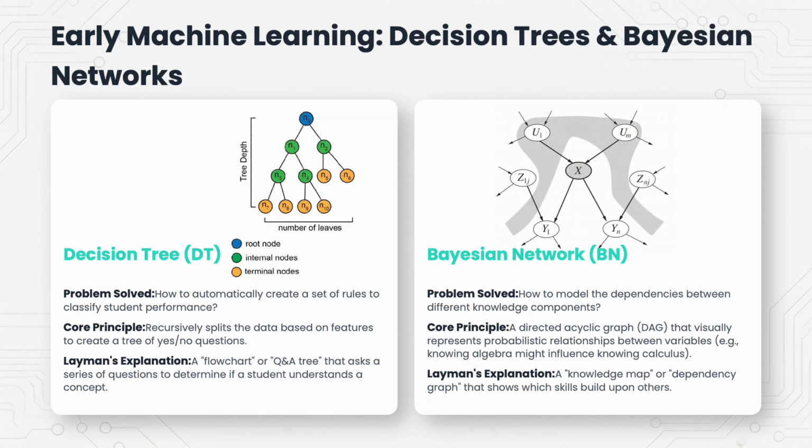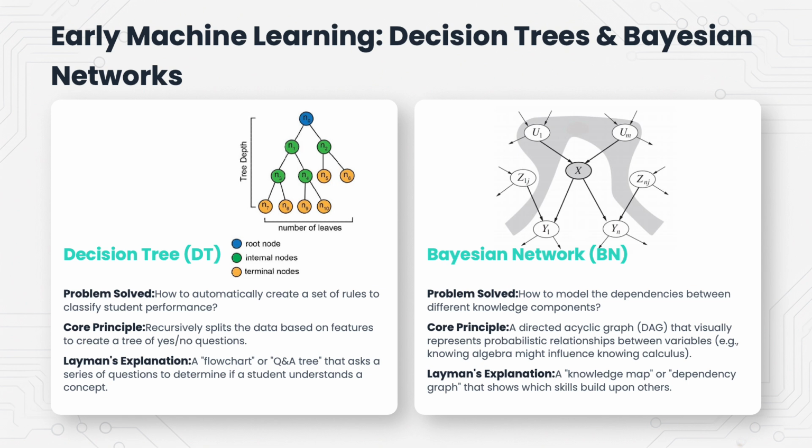Next, we have the earliest forms of machine learning. Decision trees are wonderfully interpretable. They work by creating a tree of simple yes-no questions. For example, did the student get the last algebra question right? If yes, go down one branch. If no, go down another. This continues until the tree classifies the student as likely to know or unlikely to know the concept.